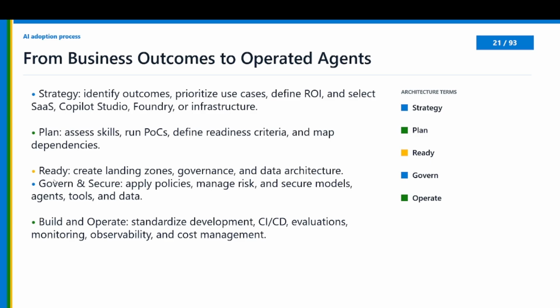After readiness, the next thing you should implement is governance and security. So apply policies, manage risk, set up role-based access control, get access to the data that you need, and give access to the agent as well. Secure your models.